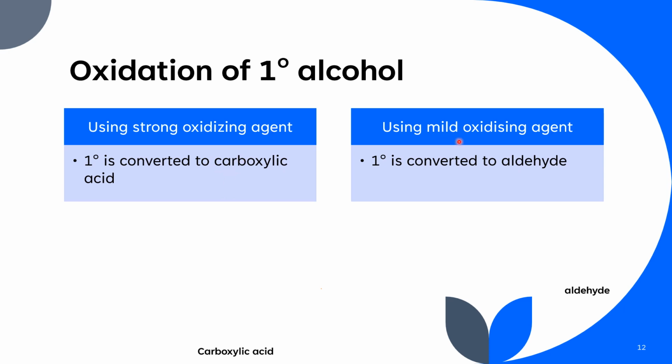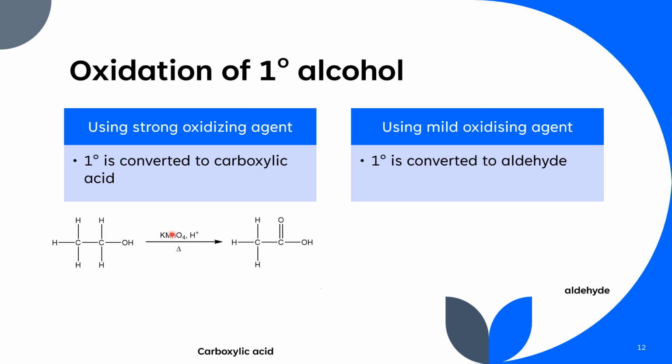But by using mild oxidizing agent, iaitu PCC in dichloromethane just now, the primary alcohol will be converted to aldehyde. So the equation will be, okay, so this is a primary alcohol. Bila kita treat dengan acidified potassium permanganate in reflux condition, di mana ini adalah strong oxidizing agent.